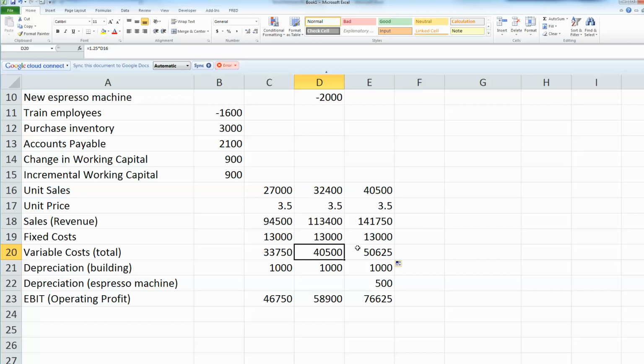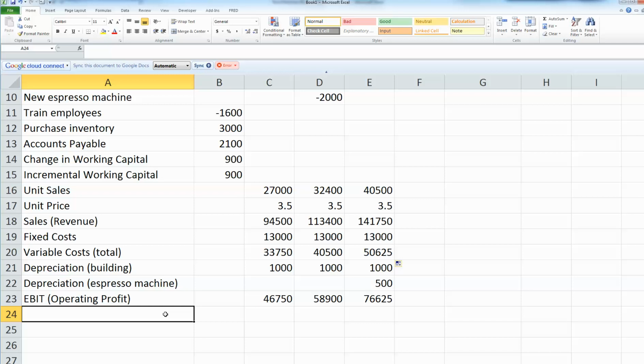And if it had told me that we expected these costs to rise by the rate of inflation or something even higher or lower than that, we would have made changes to those as needed. So now I do have the correct figures for EBIT, but I think I'll go ahead and finish this part first.